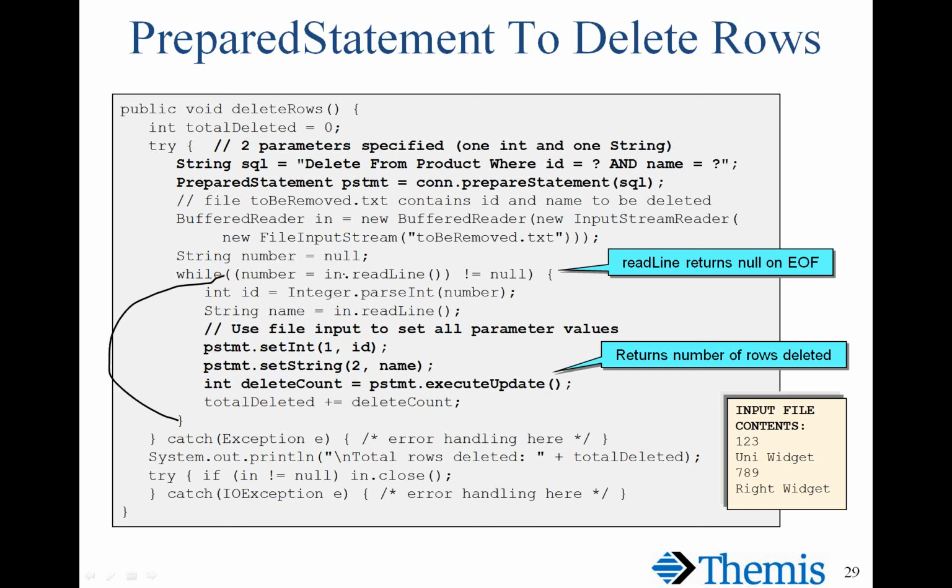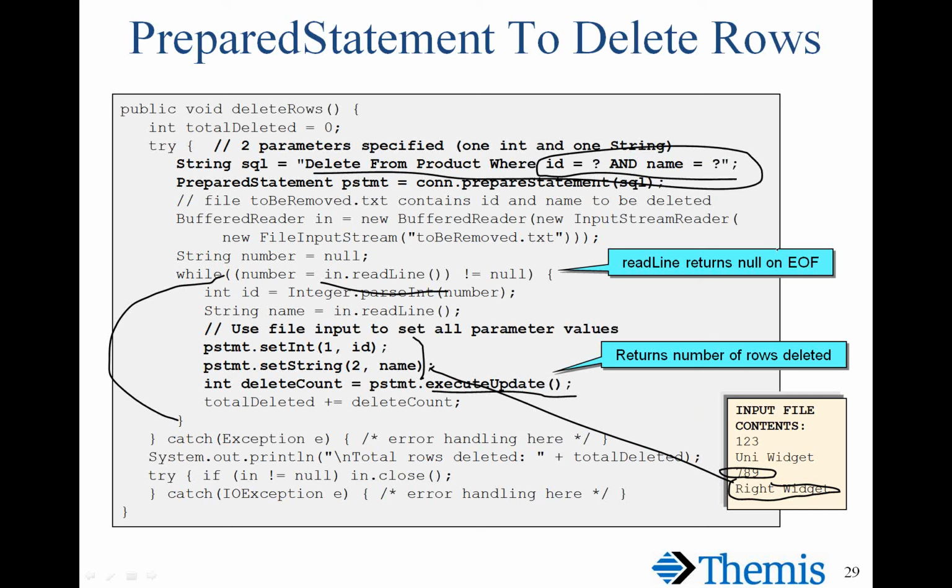Then we loop back up, read again, reading in the 7, 8, 9 and the right widget, and plugging those values into the question marks, and then executing again. So this demonstrates how you can use a single statement repeatedly with different values to support each execution of the statement.